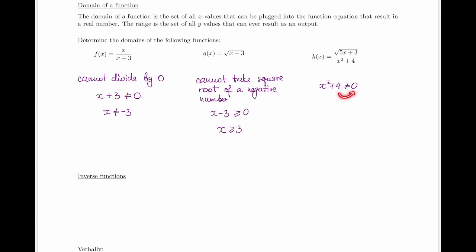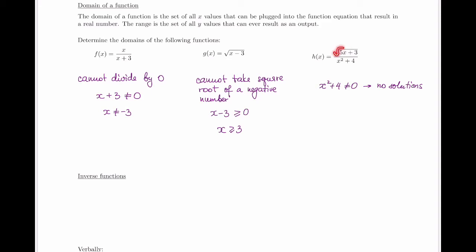If I move the 4 over, I'm going to get that x squared cannot equal negative 4. Or I can just look at the equation as is and notice that no matter what x I plug in here, it's going to get squared, which means it's going to become positive, and then I'm going to add a 4 to it. An already positive number plus 4 more will never be 0. So this has no solutions and therefore produces no exclusions for the domain values.